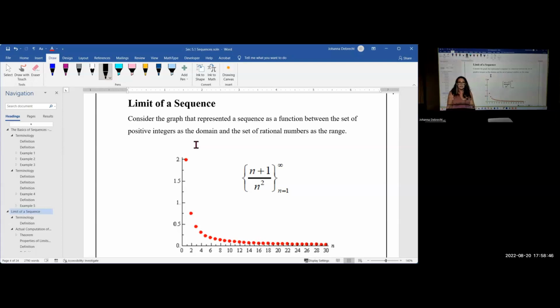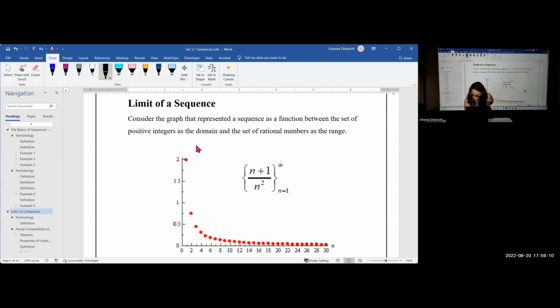and it looks like the sequence is approaching 0 as we go out to infinity. In other words, if I were to take the limit and say, what do the values in this sequence get super, super close to as n goes to infinity? I would say 0. And again, that's because of the explicit formula. If I were to take the limit of that formula, then I would see that this would go to 0.